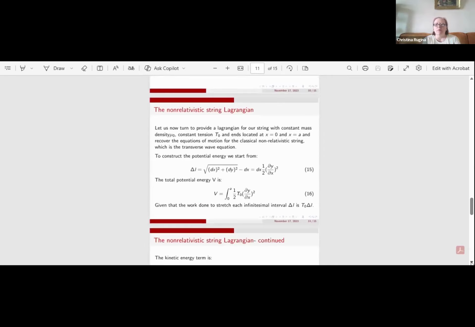And we go ahead and we work with non-relativistic Lagrangians. So the same equation can be derived from Lagrangian considerations. So how do we construct it? This is the potential energy in the Lagrangian, and it's constructed from here.